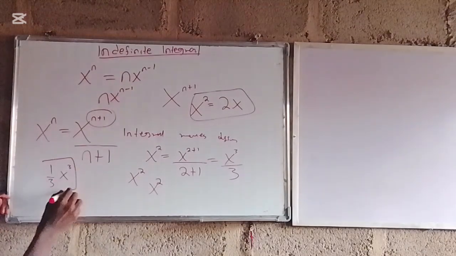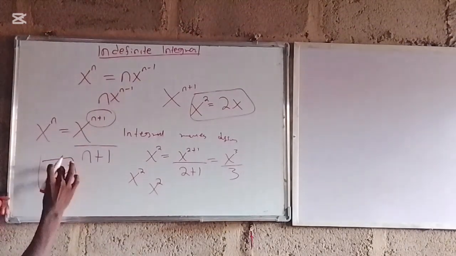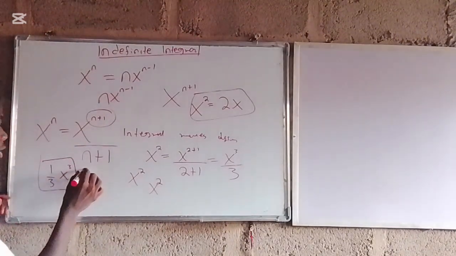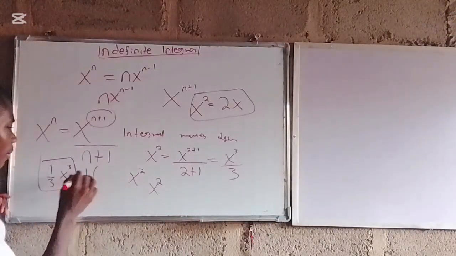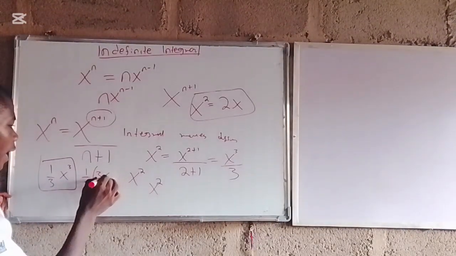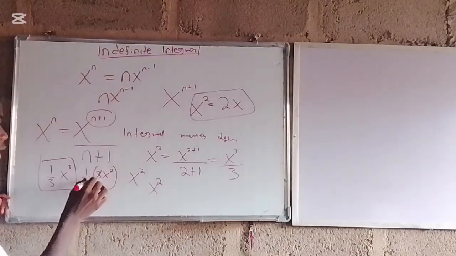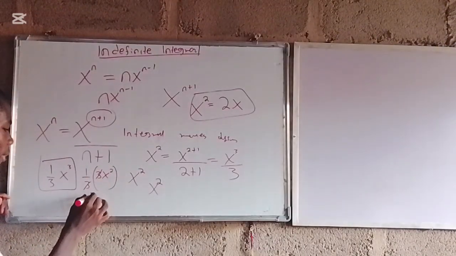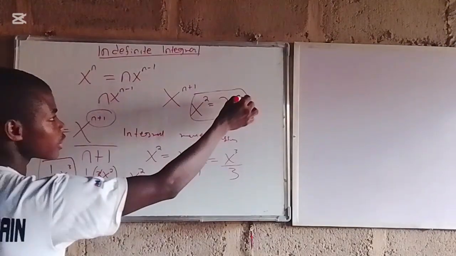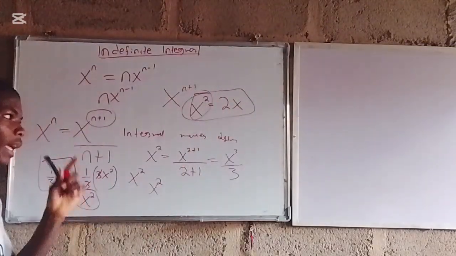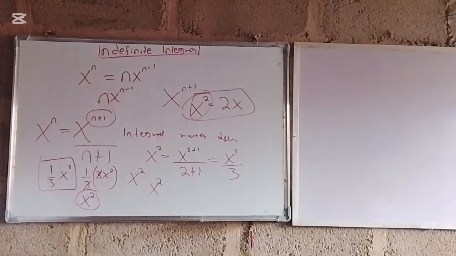Suppose I'm asked to differentiate this, I'll say 1 over 3 multiplied by 3x squared. So this 3 will go with the 3. At the end I'll get my x squared. So this is showing you that integration is a reverse of differentiation.